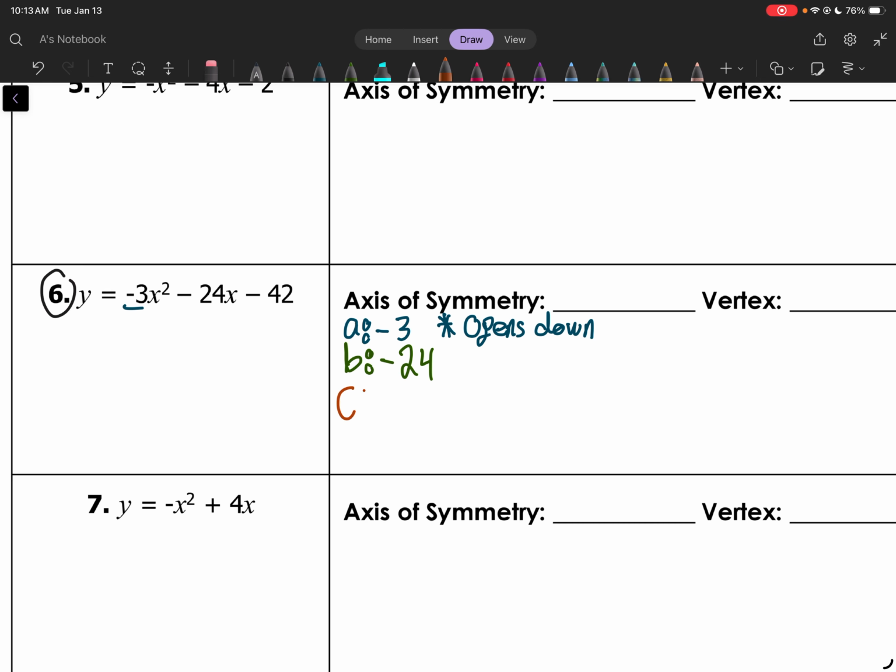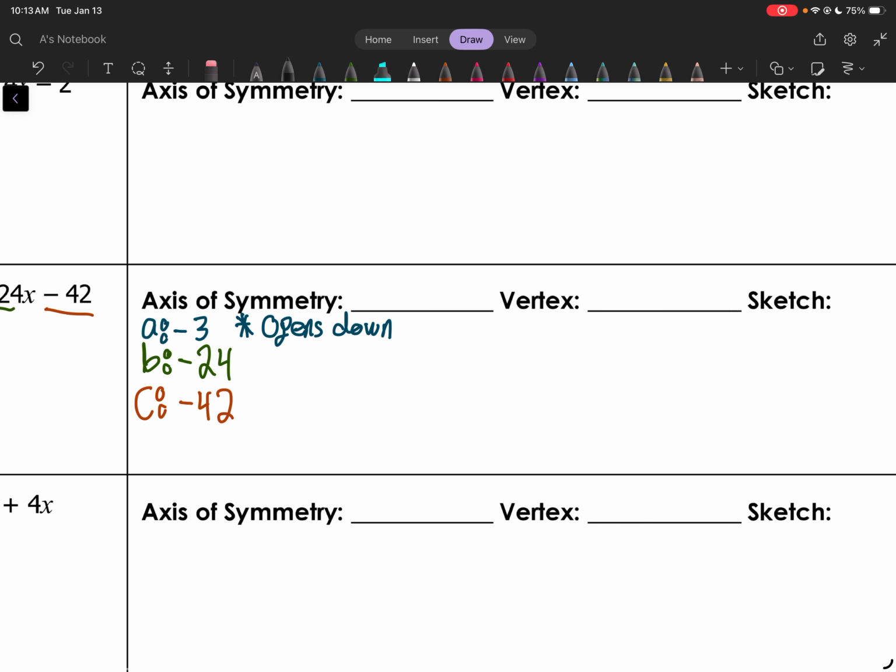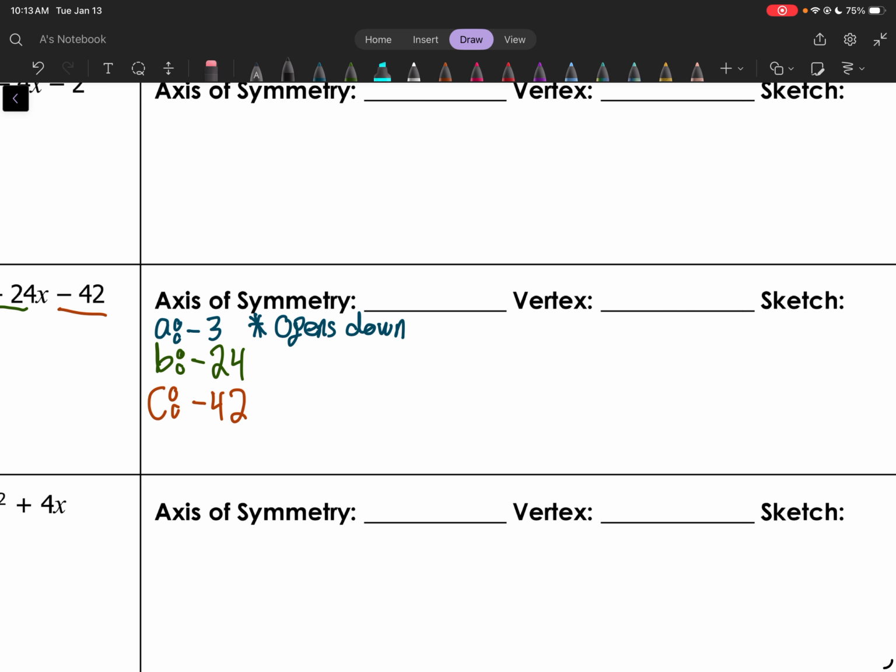And my C value is -42. I can go ahead and fill in domain because it's going to be the same for all. It is all real numbers. I can fill in part of my range because I know it's opening down. I'm going to start at -infinity. I'm going to raise up to some number that I still need to find.